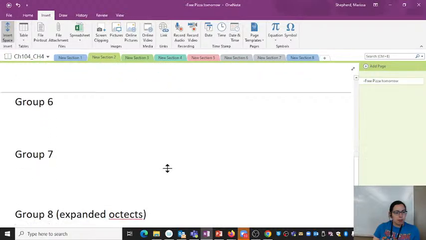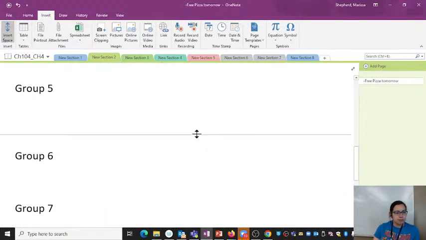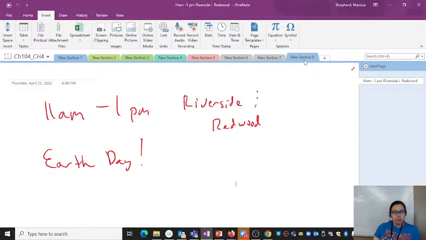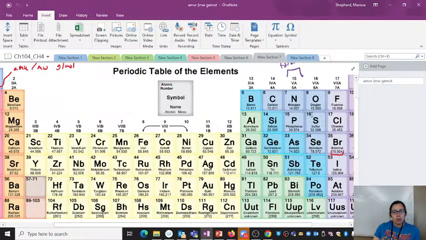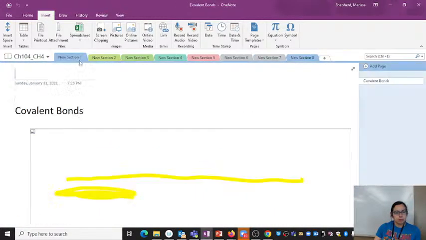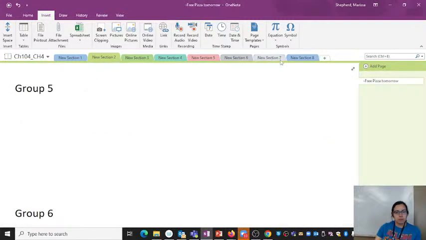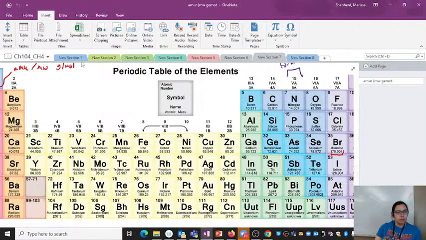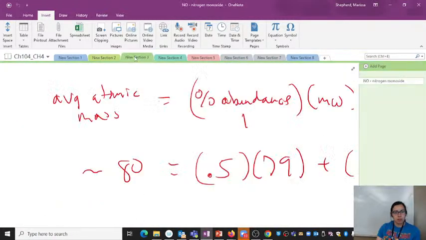And then group 5. Group 5 is going to be nitrogen, phosphorus, and arsenic. Oops.